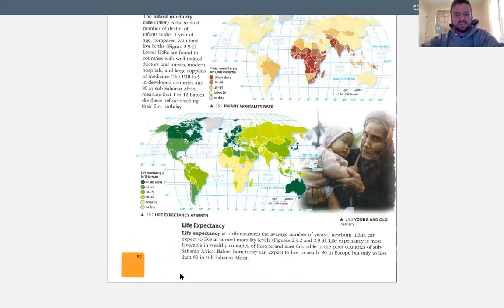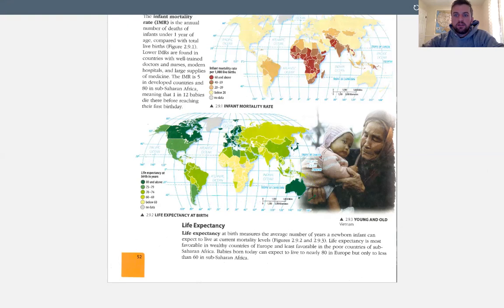Life expectancy at birth measures the average number of years a newborn infant can expect to live at current mortality levels. Life expectancy is most favorable in wealthy countries of Europe and least favorable in the poor countries of sub-Saharan Africa. Babies born today can expect to live to nearly 80 in Europe, but less than 60 in sub-Saharan Africa.